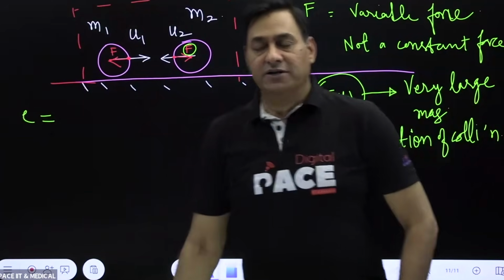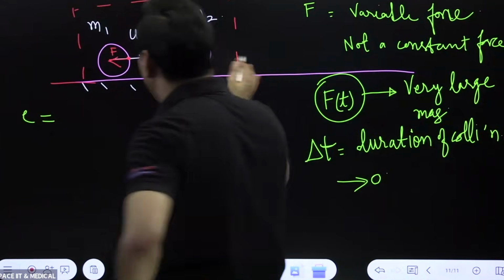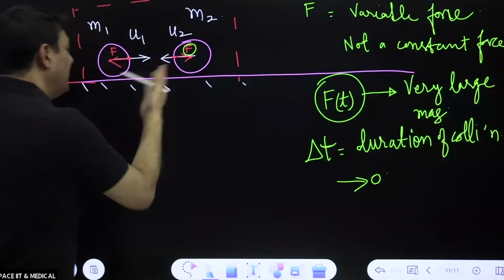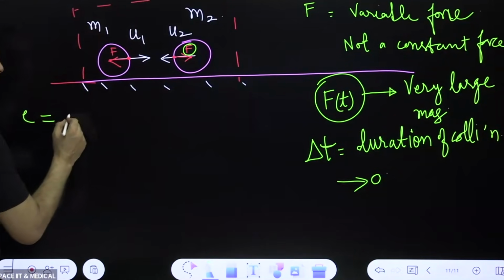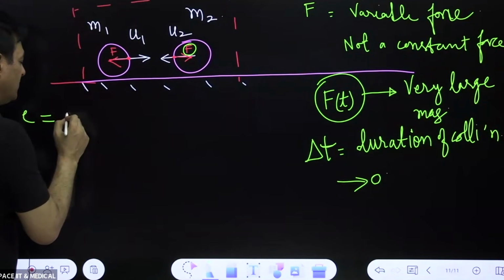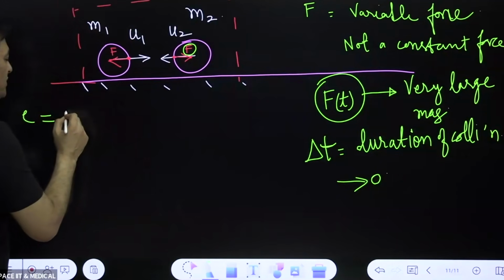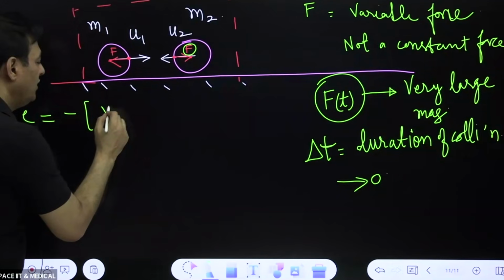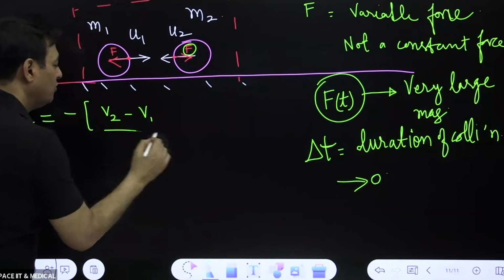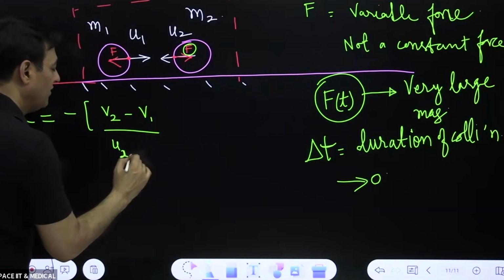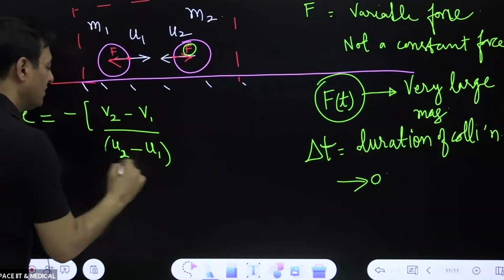Okay, let's pay attention. Identical balls right now, and it is very easy to write. E is equal to minus (V2 minus V1) upon (U2 minus U1). Everyone please note it down.